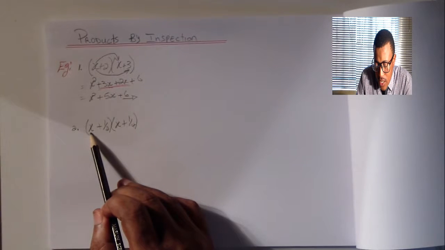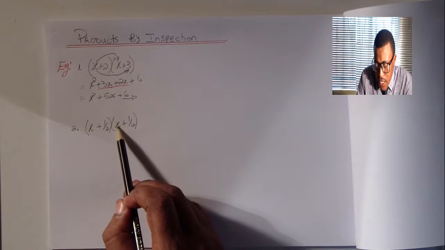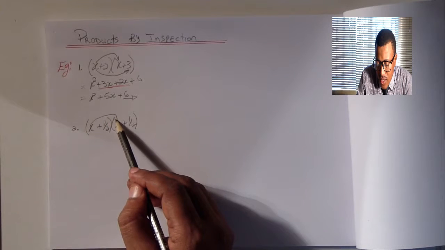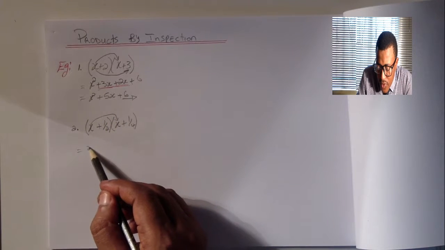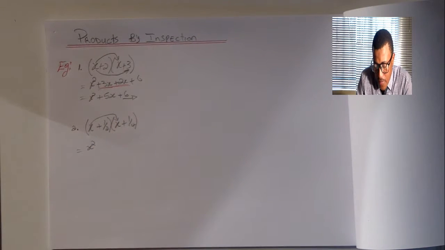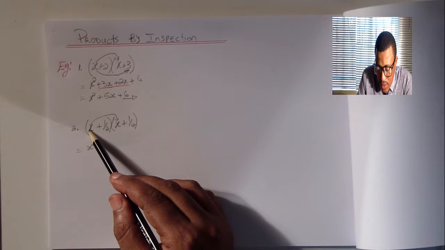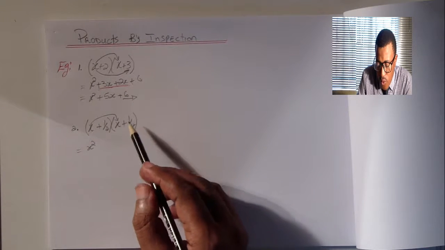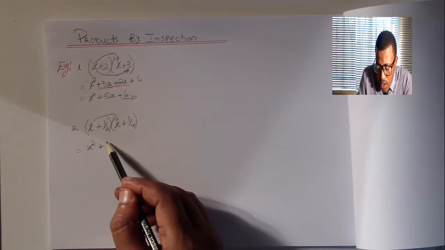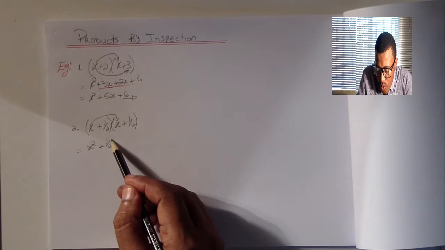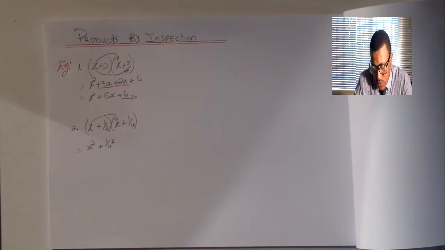Now it's x multiplied by x again. It's obvious we're going to get x squared. Now positive x multiplied by positive 1 over 4, we get positive 1 over 4x.